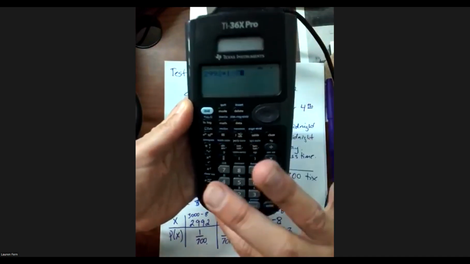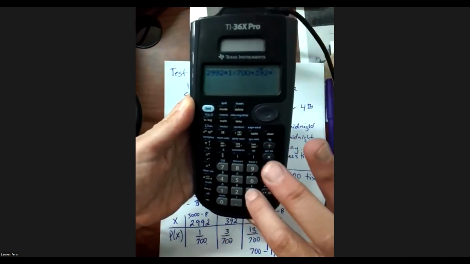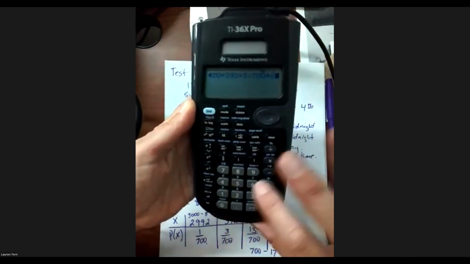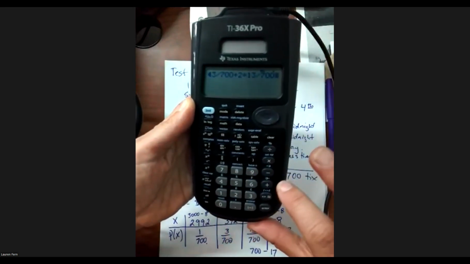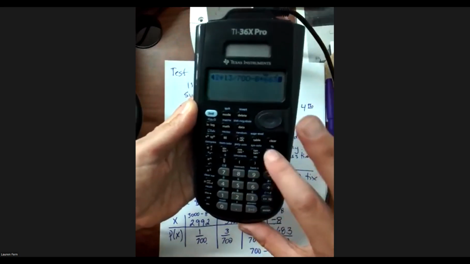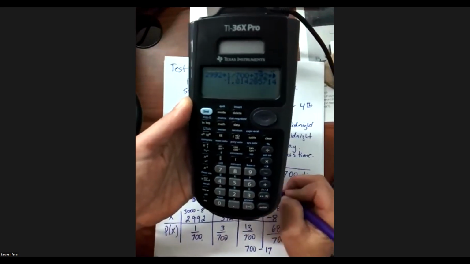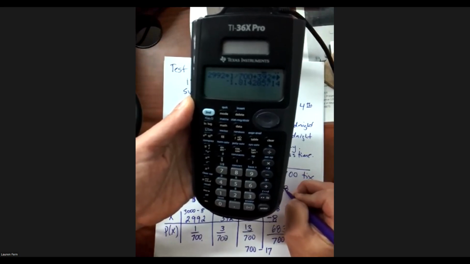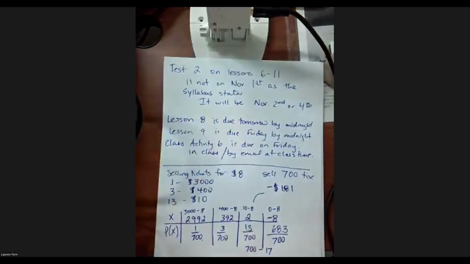Times 1 divided by 700 plus 392 times 3 divided by 700 plus 2 times 13 divided by 700 minus 8 times 683 divided by 700. And so in this particular example, on average, there's a $1.81 deficit.